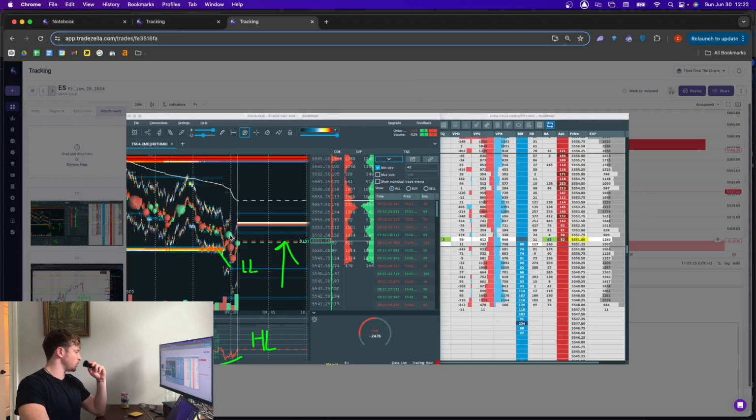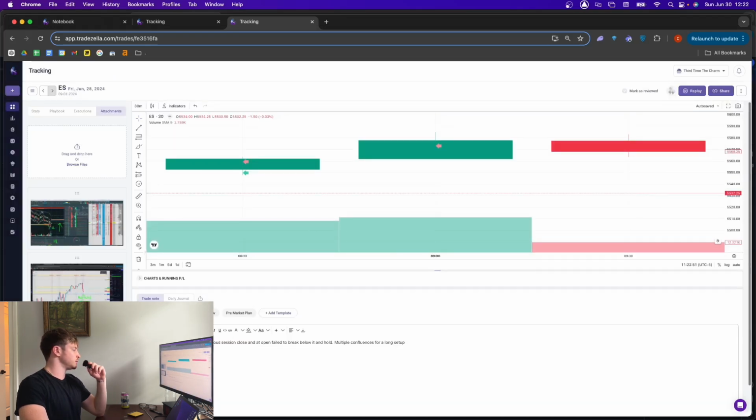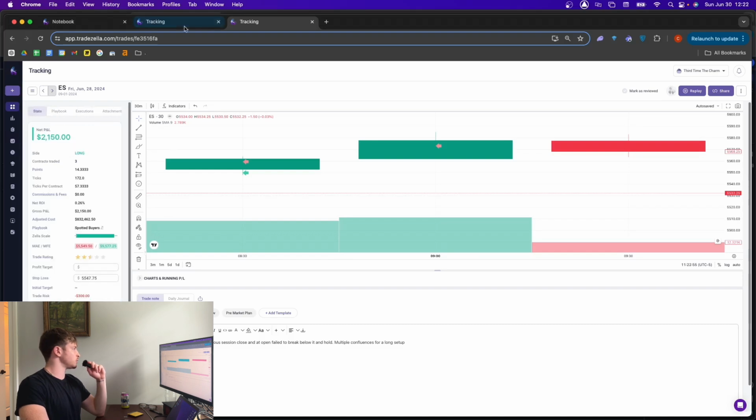You can see a small CVD divergence happening here. Bid gets filled here, or pulls, I'm not really sure, honestly. Either way, we come into this price range down here, break out of it for a brief moment, and then come right back up into it. CVD divergence, VIX was dead, and it was at my key level.